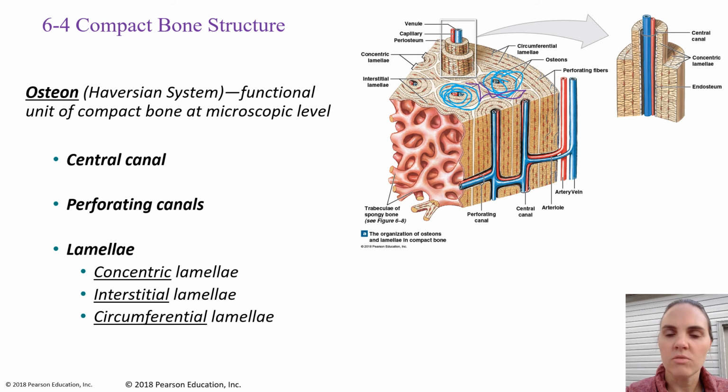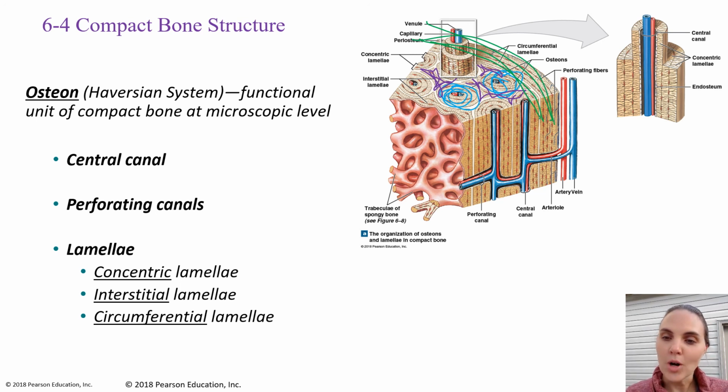Remember, interstitial kind of means the in-between areas. Interstitial fluid is the fluid outside of our cells or in between our cells. Interstitial lamellae is the lamellae kind of between the osteons. And then we've got our circumferential lamellae around the outer circumference of the bone. So I recommend drawing yourself a little cross-section of compact bone so that you get an idea of how those lamellae are arranged and know the different terms.